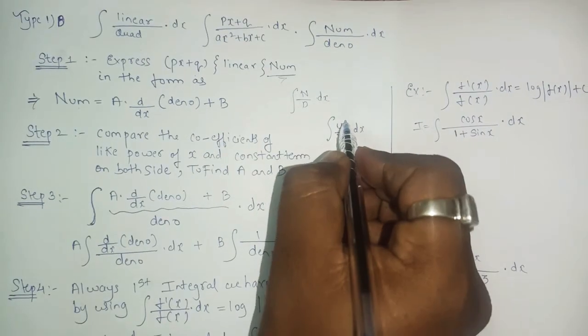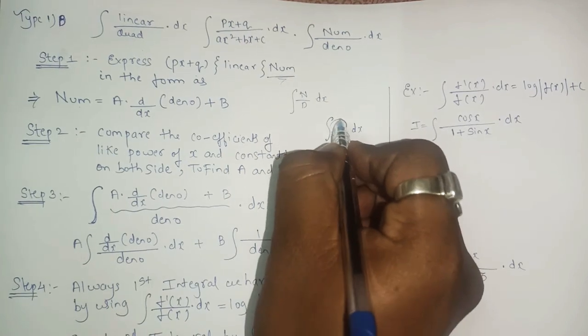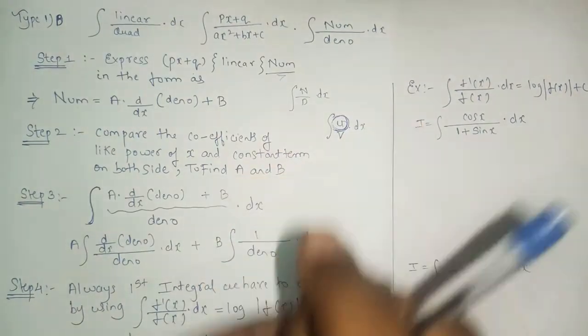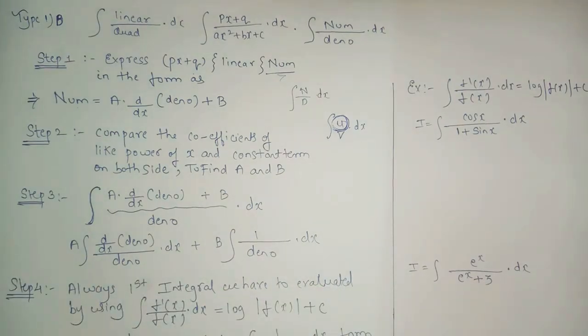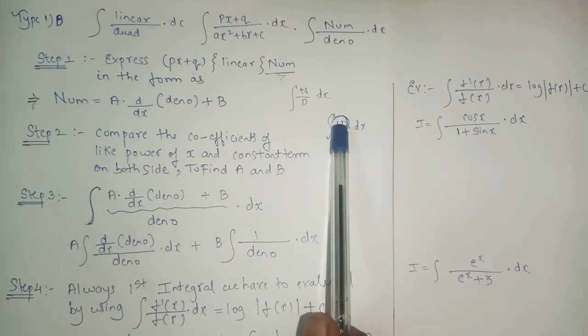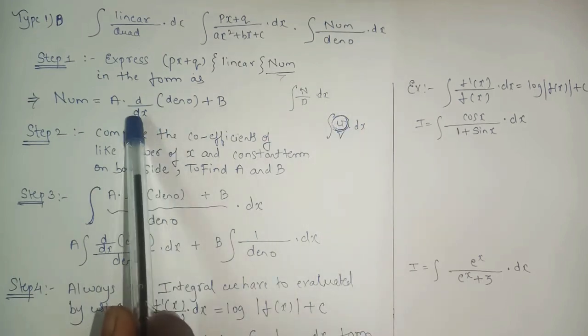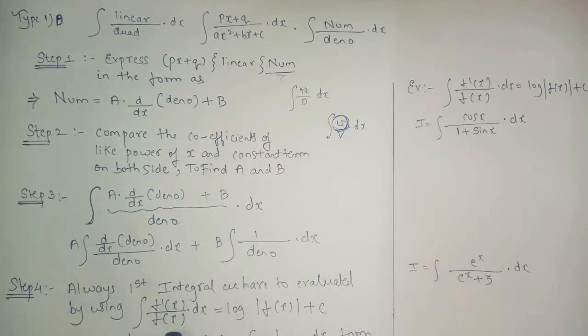So we have to break the numerator in such a way that we can find the integral easily, so that in the final step you will get the proper integral.